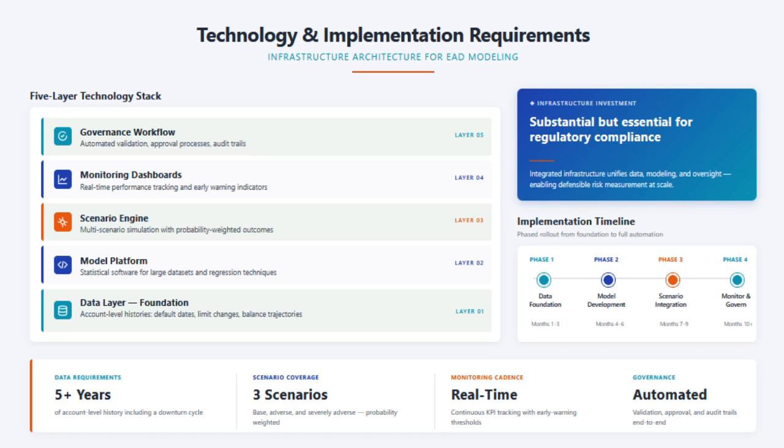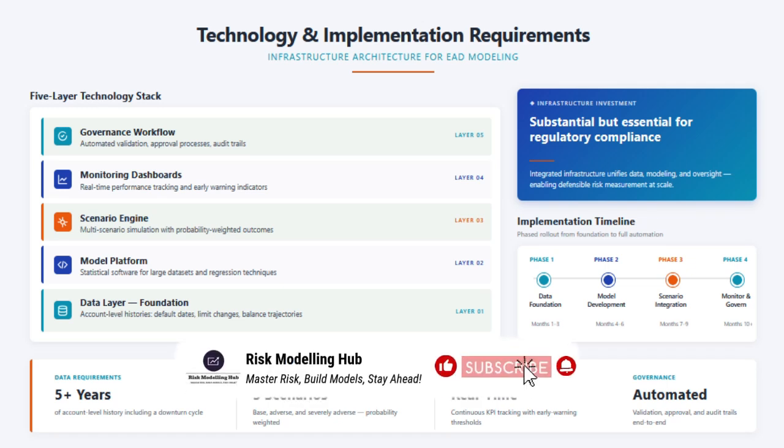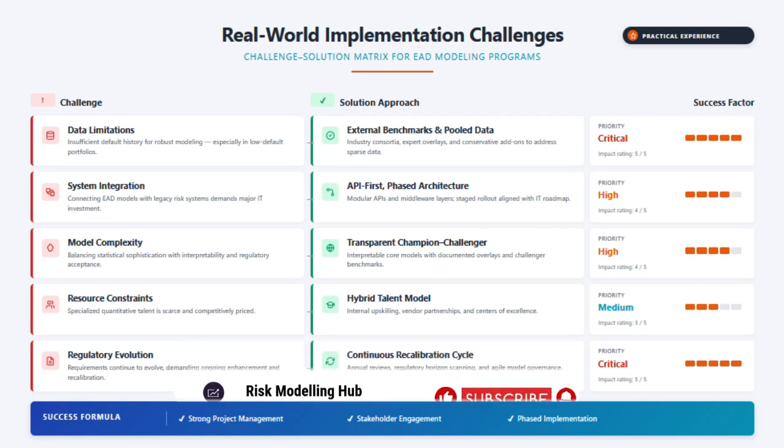Ability to run models under multiple economic scenarios and combine the results. Monitoring dashboards. That is the real-time tracking of model performance and early warning indicators. Governance workflow. Automated model validation, approval processes, and audit trails. The technology investment is substantial but essential for regulatory compliance and risk management effectiveness.